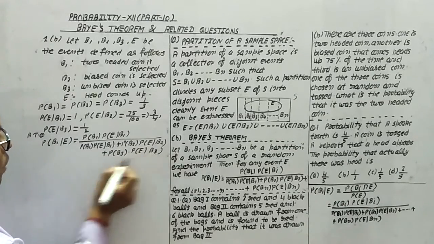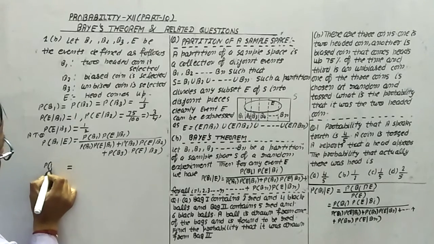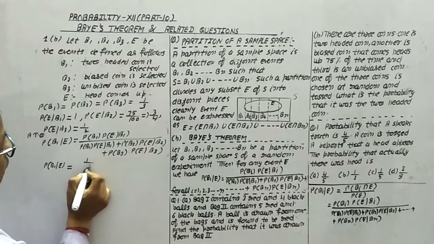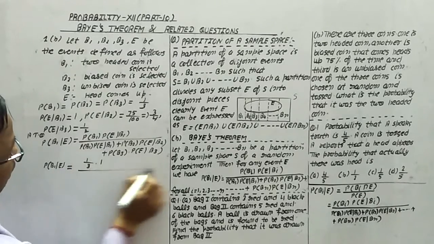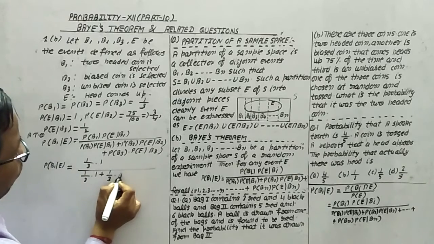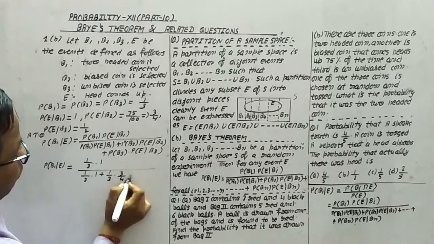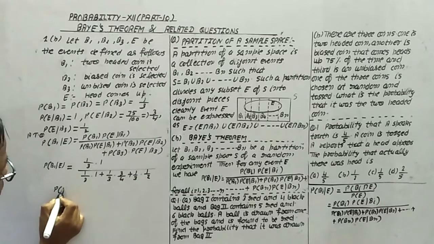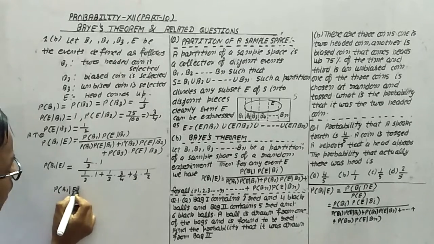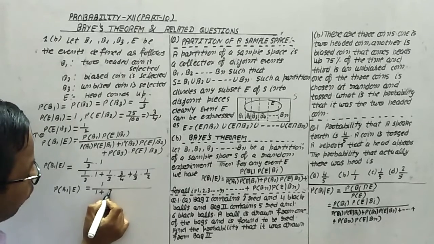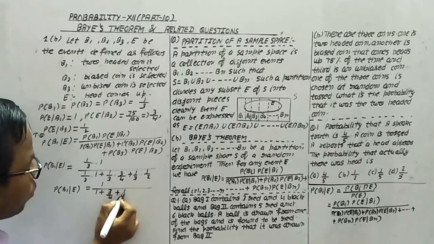Now substitute the values. We will get 1 by 3 into 1, upon 1 by 3 into 1 plus 1 by 3 into 3 upon 4 plus 1 by 3 into 1 upon 2. Now 1 by 3 cancels out. B1 given E is 1 upon 1 plus 3 upon 4 plus 1 upon 2.